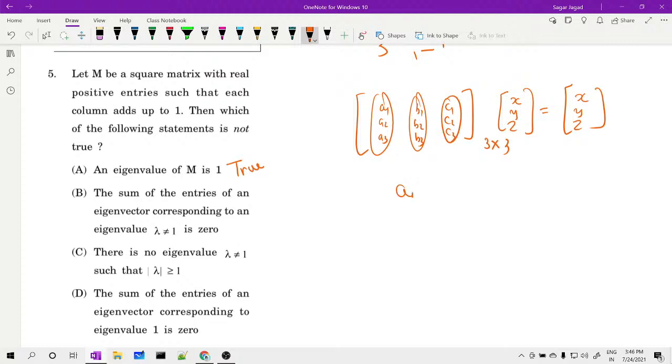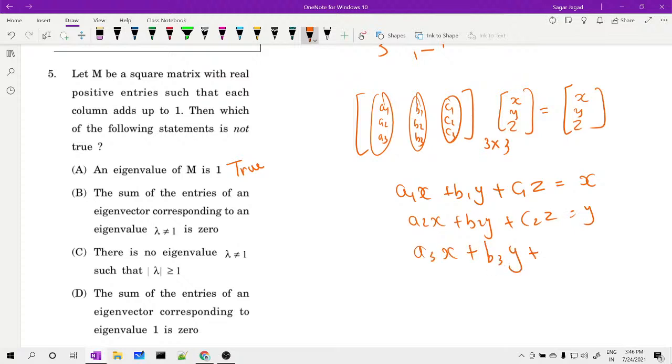From the equation, I have A1 x plus B1 y plus C1 z is equal to x. A2 x plus B2 y plus C2 z is equal to y. A3 x plus B3 y plus C3 z is equal to z. And if I add all the equations side by side, I get x plus y plus z is equal to x plus y plus z.